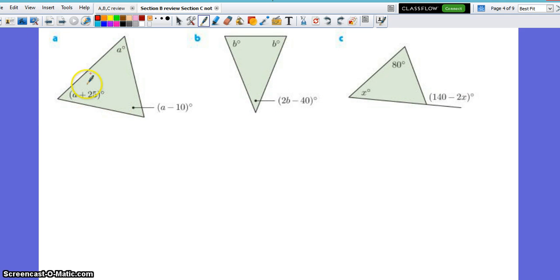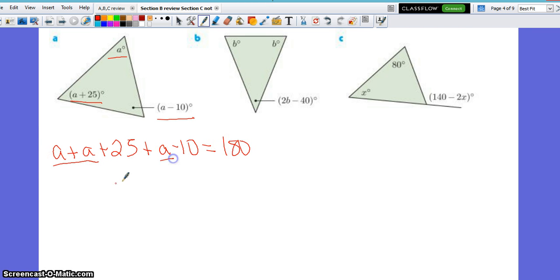Okay. Right here, all triangles equal 180. So what you're going to do is take everything that is there, which is the A plus 25 plus the A minus 10. So do you see I just took these three values? They equal 180. You're going to combine like terms.